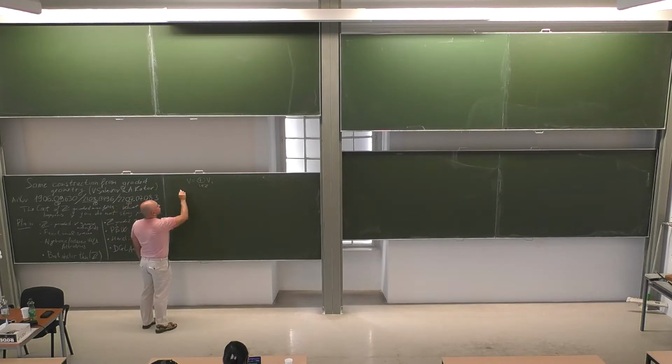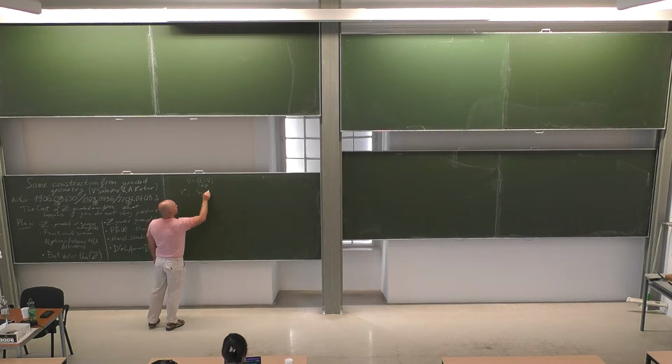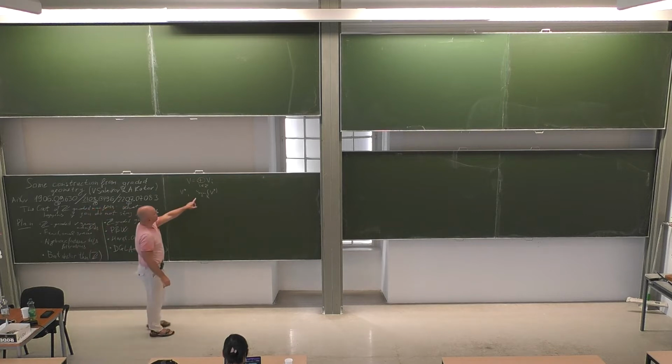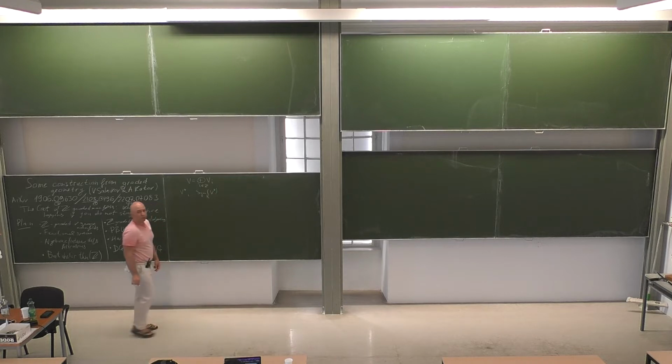So first of all, we take V star, then consider the symmetric algebra of V star. This is the symmetric algebra over the ground ring, because they are assumed to be free modules for the moment. And this is not the algebra we need because these are polynomials. We need to make formal power series out of this.